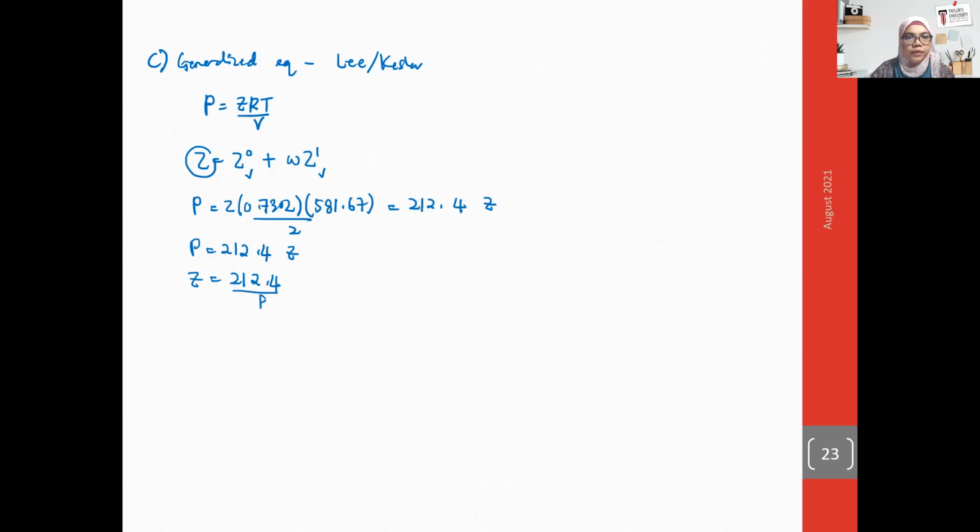Or if you have PR equal to P over PC, so P equal to PC times PR. So basically we need to find the correlation. So we can have 212.4 over, so we have this correlation.